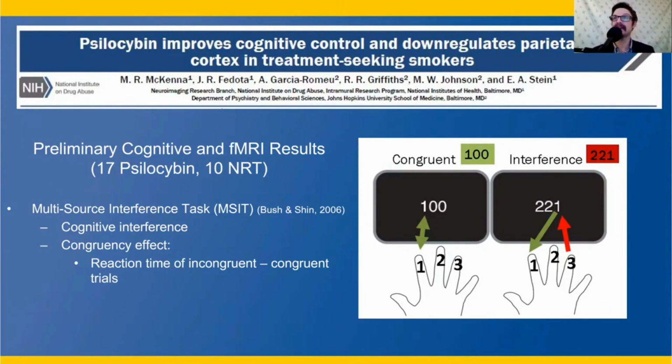And so reaction time is slower in these trials. By getting a difference between the reaction time in these types of trials, you can measure this interference effect. How well are people at dealing with and overriding conflicting information that they're supposed to ignore?